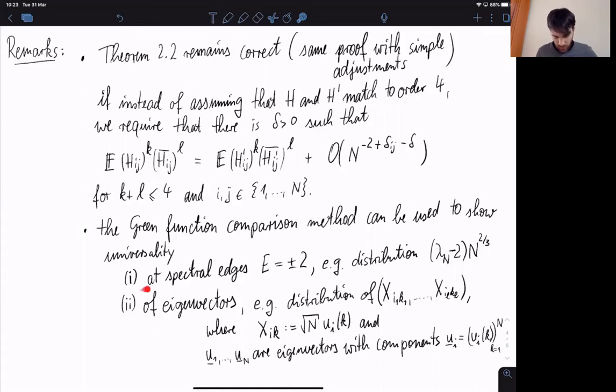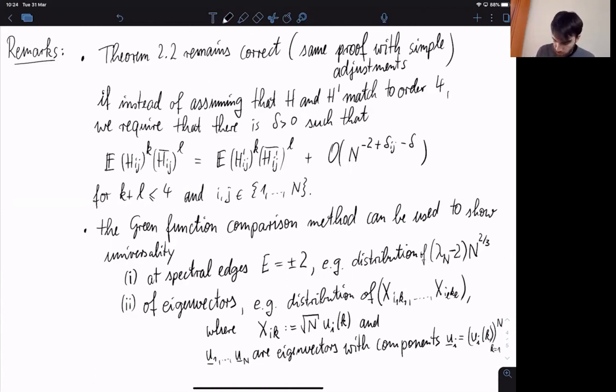But then we want to study this spectral, in particular the distribution of the largest eigenvalue. And well, if we have time, then maybe we also see this Green function comparison method coming up again there. I will definitely state the theorem. Maybe I'll have time to prove it and apply it to this distribution.